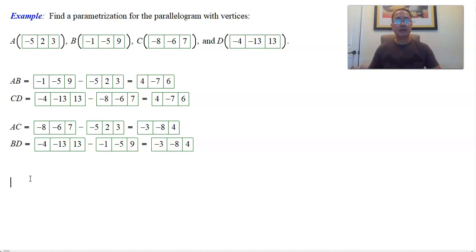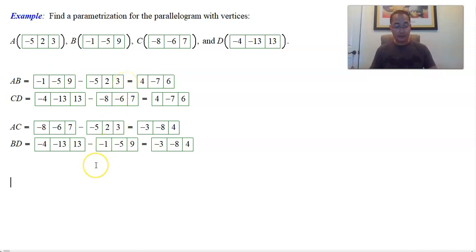The idea is we're going to build on the idea that we use to create a line segment. We know how to create the line segment from A to B. That's just a curve. We take the vector from A to B, which we have already.